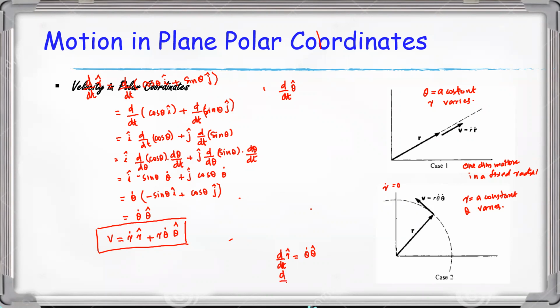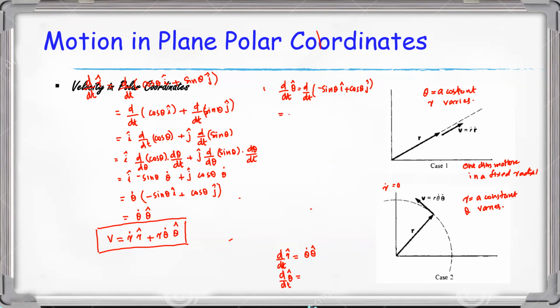Now we are going to evaluate d by dt of theta cap. We have theta cap is equal to minus sine theta i cap plus cos theta j cap.